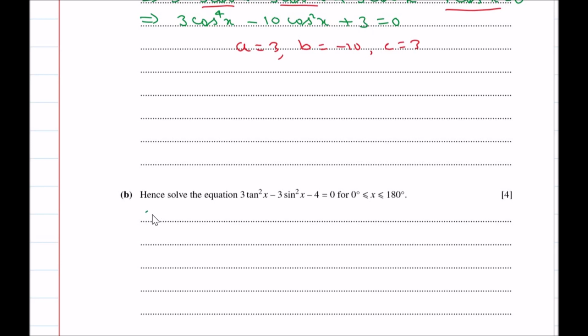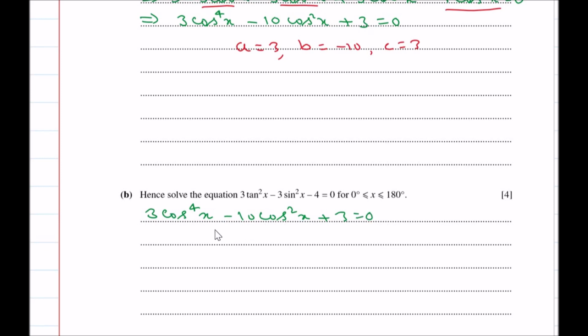3 cos 4x minus 10 cos square x plus 3 equal to 0.